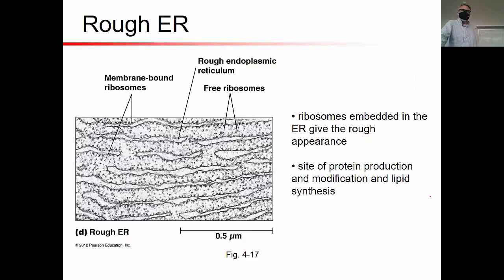So we'll start with the rough ER. Remember, the two types of ER can be separated by homogenizing the ER, so basically breaking it up, and then it will form these little vesicles, okay?